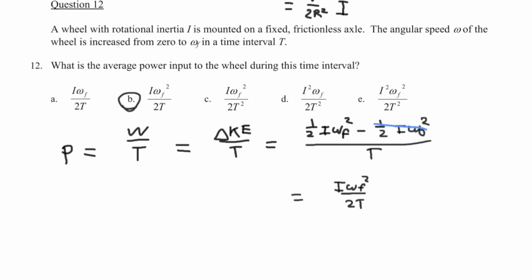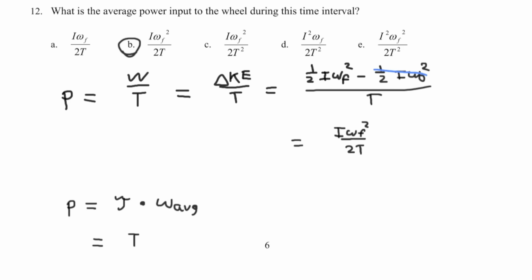Additionally, the way I solved this on my first attempt was using the fact that power is also equal to torque dotted with omega average. So the torque is equal to I alpha, and omega average. And then we just kind of work everything out. So alpha is just change in omega over change in t.